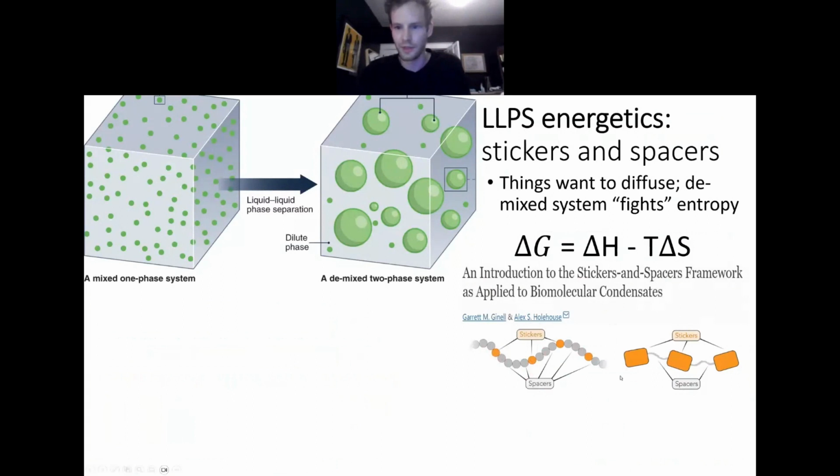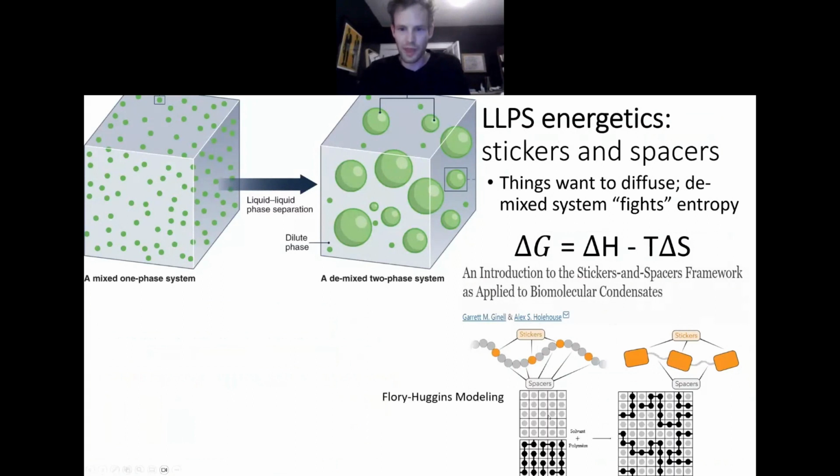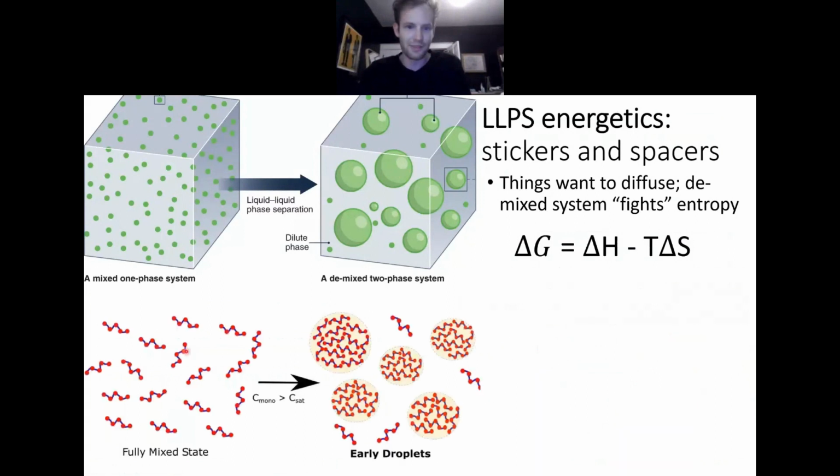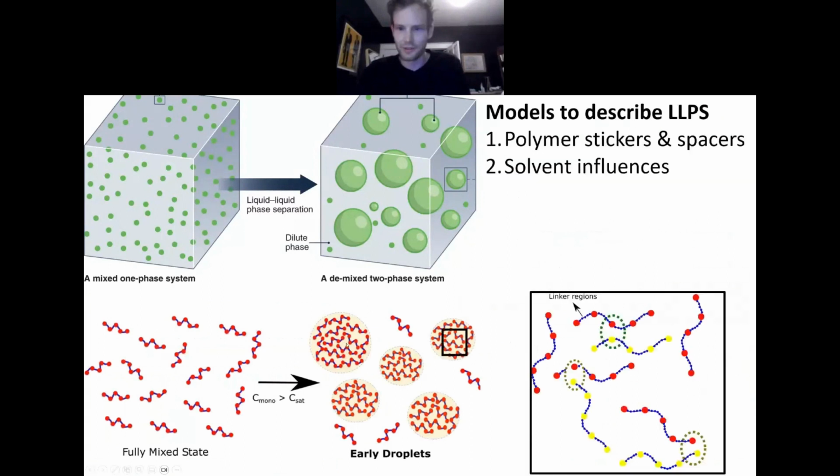If you have water and these polymers, we use this Flory-Huggins modeling, where as these polymers dissolve, you can see that they'll contact with each other, and this might be stickers coming together. So as you have a fully mixed state and then the polymers interact with each other through their stickers, you have these interactions which then can pay for the phase separation.